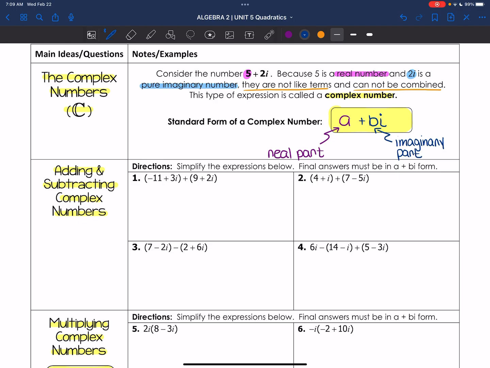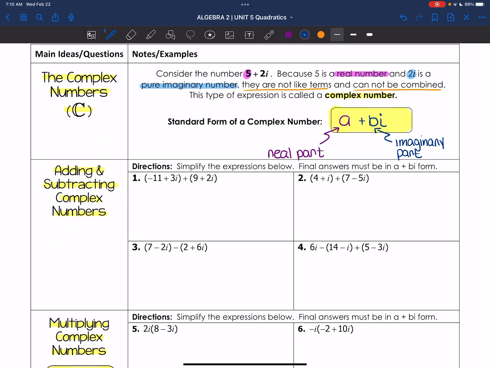And these are just a type of number in our number system. We have real numbers, but then even more broad than that is this category called complex numbers. So our goal today is to be able to do some operations with these complex numbers, the first of which is to add and subtract. So here is how that process will work.